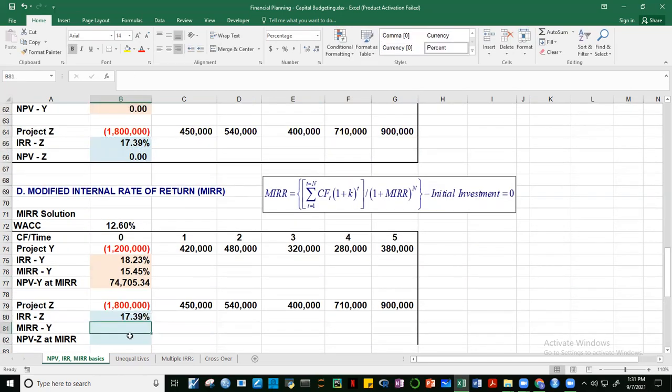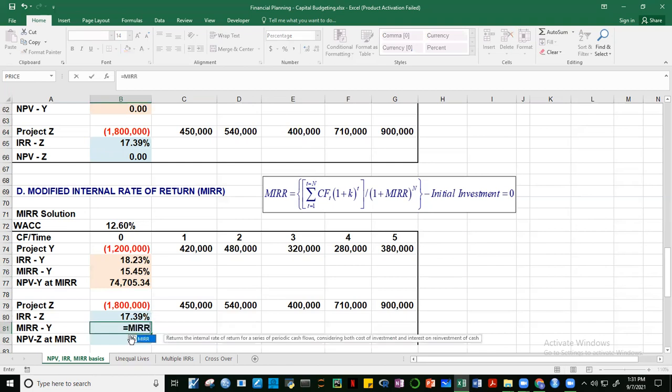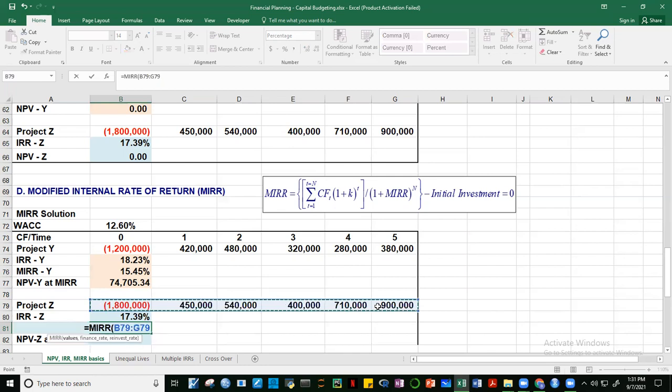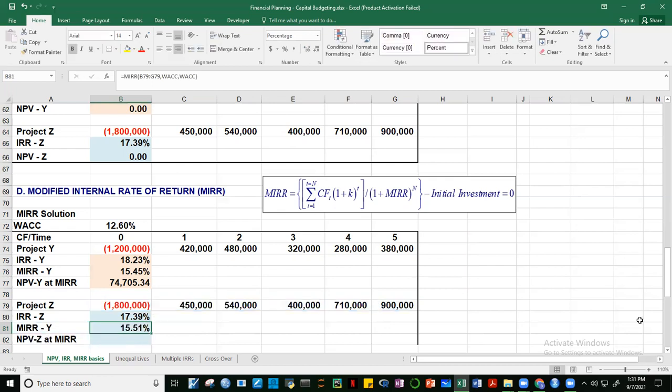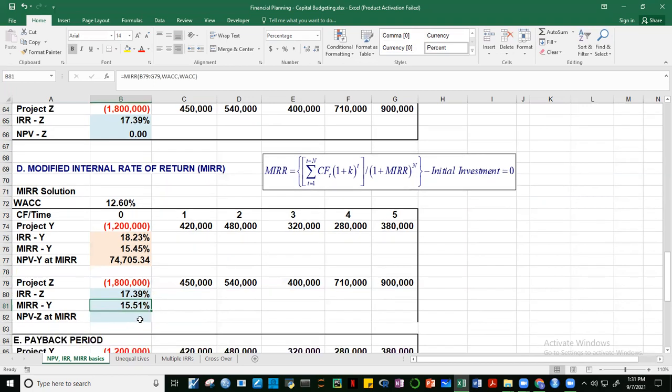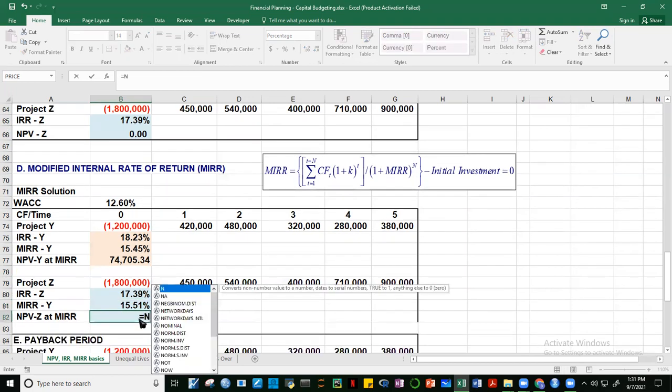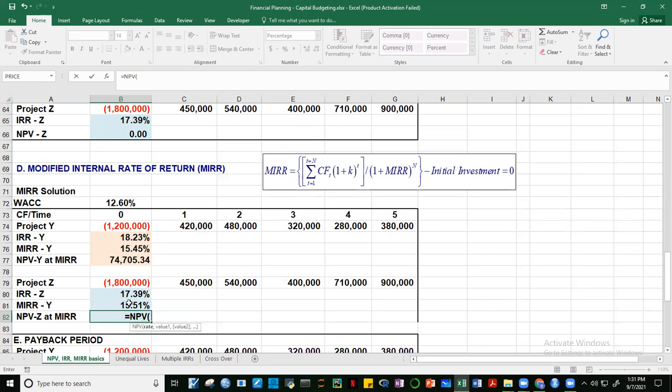And then we're going to get the MIRR. The values are the same. Okay, comma, the finance rate is WACC, comma, the reinvestment rate is also WACC. Parehong WACC, both the finance rate at saka yung reinvestment rate. Okay, so it's 15.51, and let's check the NPV. Rate natin using MIRR, comma, then values natin future, close, and then the current.